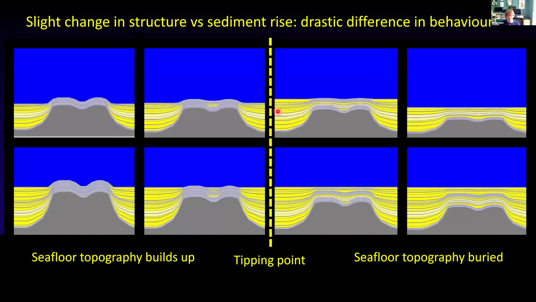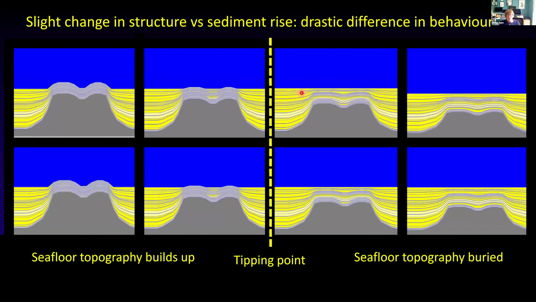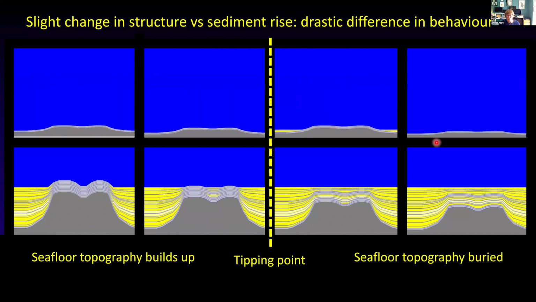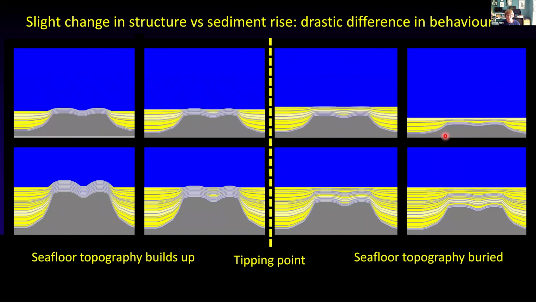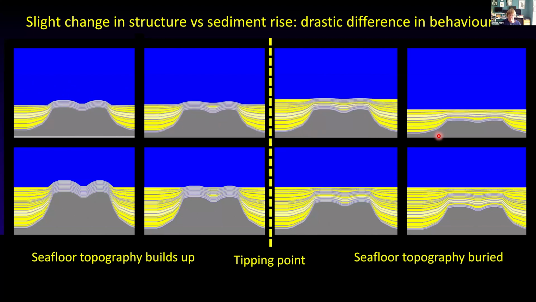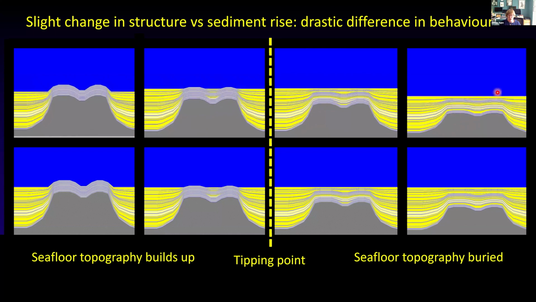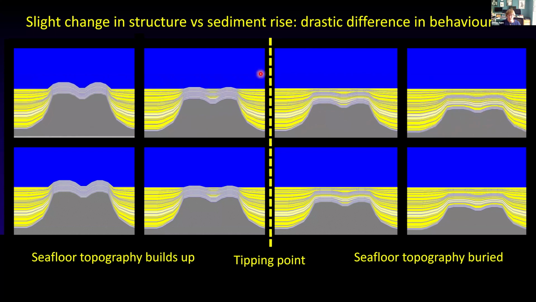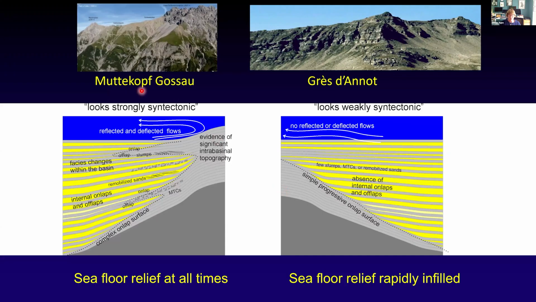And at a certain tipping point, in this case a stratigraphic tipping point, then the sea floor topography is successively buried. And in fact, under the load of the sediment on top of that salt, you might actually see a suppression of the salt rise, as we often see under the weight and the strength of that load. But that tipping point is absolutely critical and can define the difference between the Mutterkopf example and the Gossau example and the Grey-Danner example.